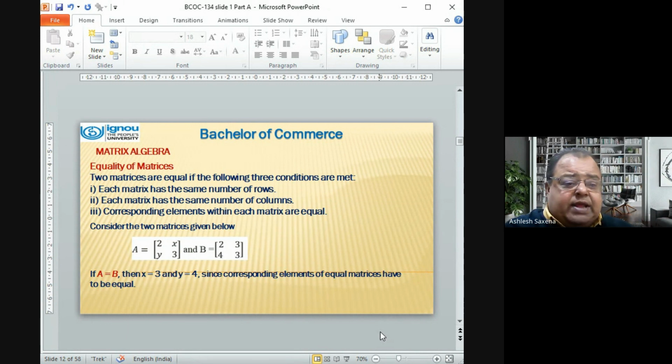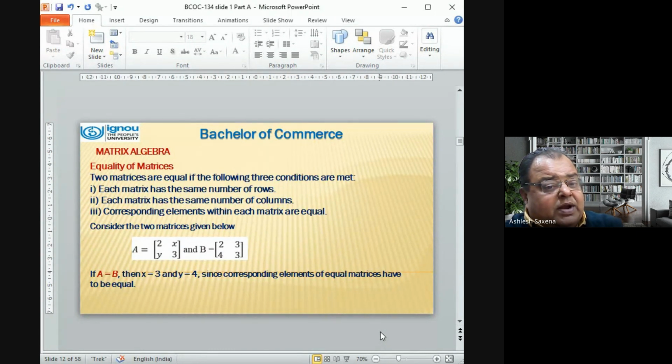Now if matrix A is equal to matrix B, then we have to find the value of X and Y. If we start with the first element of matrix A and the first element of matrix B, you will see that both have 2.